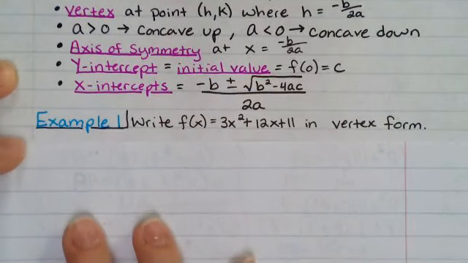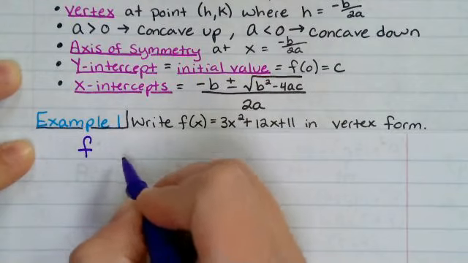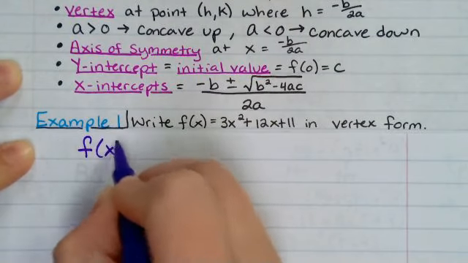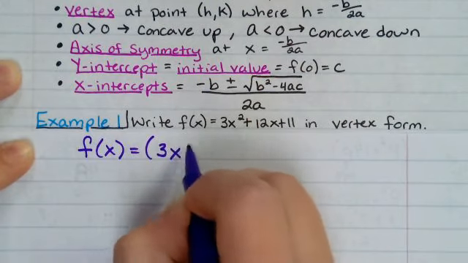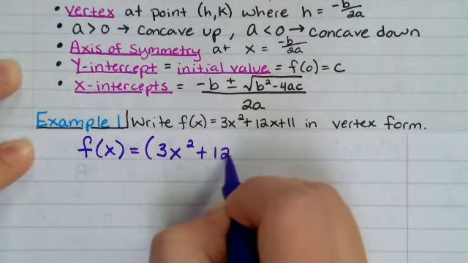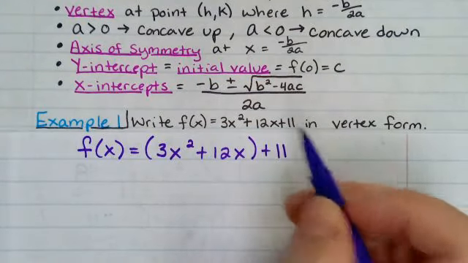The first step for completing the square, and that's what we're going to have to do in order to write this in vertex form, is to group together our x's. So I'm going to put my x's together. It's nice that they're already written one right after the other. In standard form, they usually are.